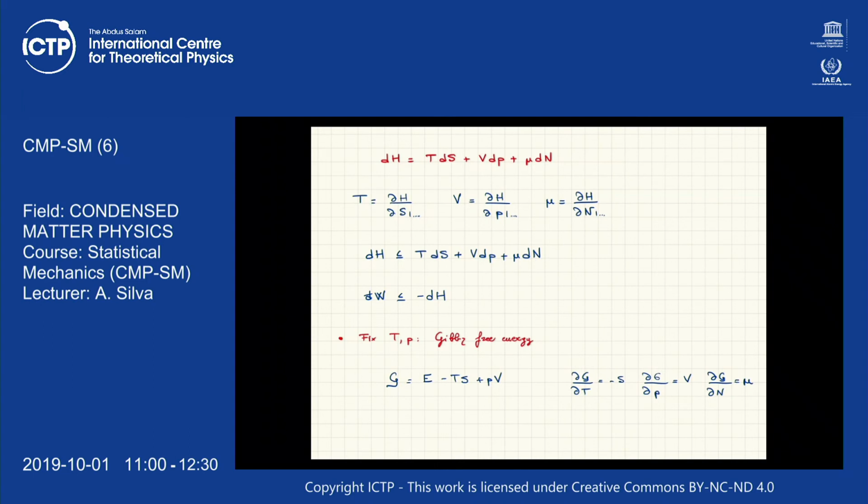Then, of course, if I fix temperature, pressure, and number of particles, I will get that dG has to be smaller or equal to 0, right? And then I will have that my dW, for a process in which I fix these three variables, is smaller or equal than minus dG. So this is the same as before. I'm not going to redo the calculations for the 10th time.